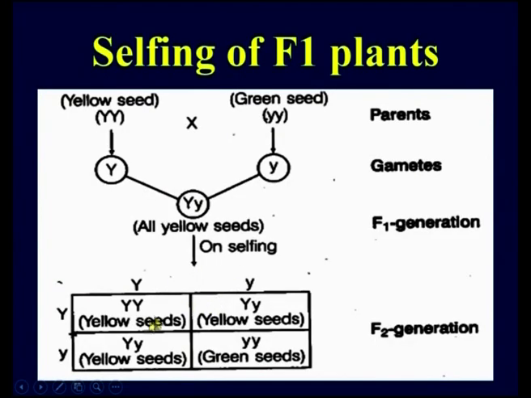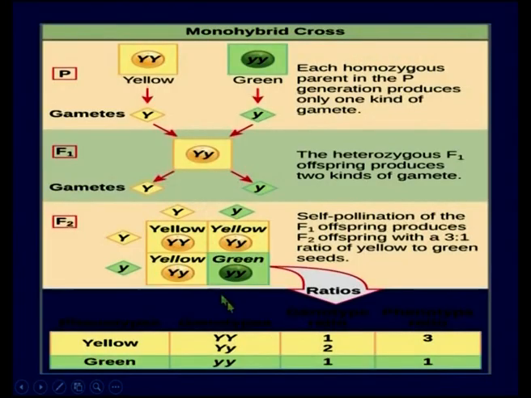See here, yellow seed, capital Y. In the same way, yellow, capital Y. This is again capital Y small y, wherever capital Y is there, that is dominant, and this small y is green color. So we got 3 yellow and 1 green. On selfing of this, we got 3:1.